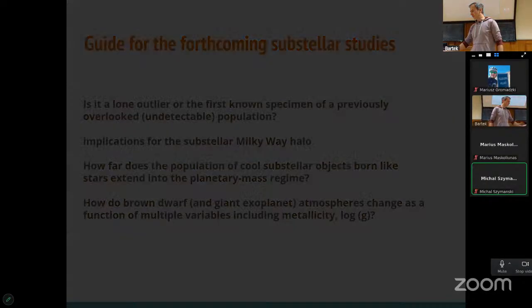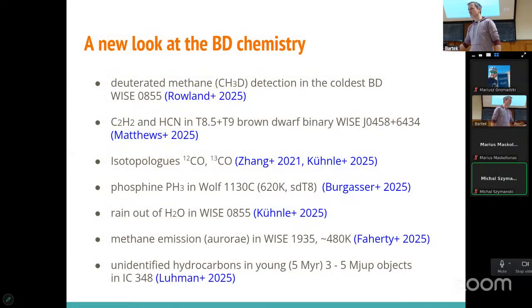And well, just to finish, I would say that if you are starting your career, your research now, and you are interested in these kinds of objects, I think it's a really exciting time to enter the field. Because now we finally have tools to study in great detail these very lowest temperature objects.